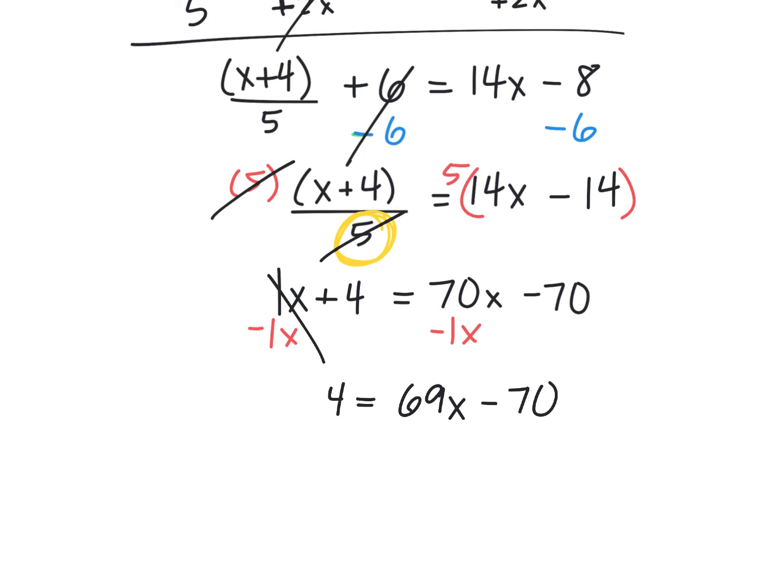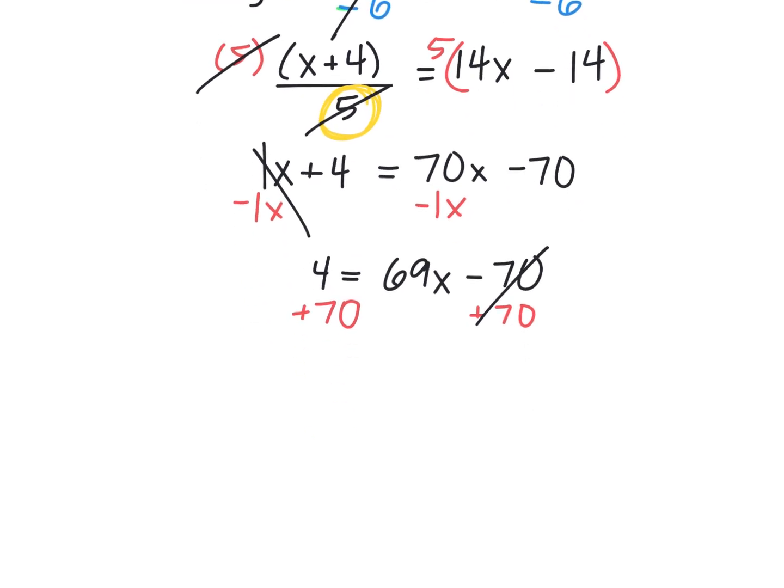And now it's just a two-step equation. So you would add the 70. Ooh, sorry. Which would be 74 equals 69x, and then your last step would be to divide by 69.